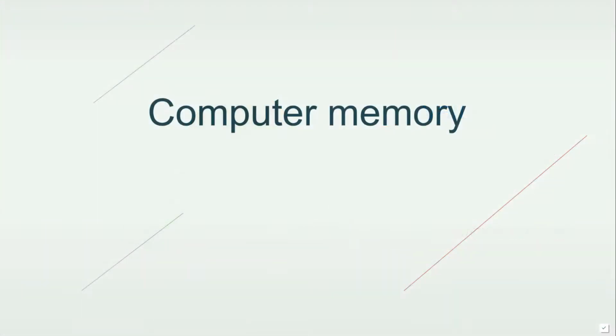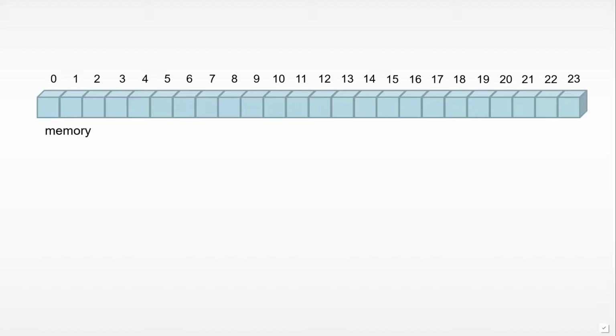Let us say a few words about how values are actually stored in computer memory. What we want to do is build a more robust mental model of what happens inside of the computer when we run a program. A very useful way to think about memory is to think of a number of boxes which are placed adjacent to one another, with each box obtaining a specific address, a specific number that refers to it.